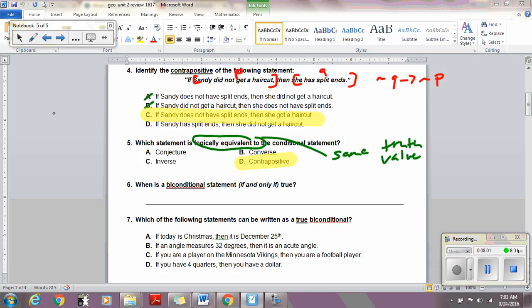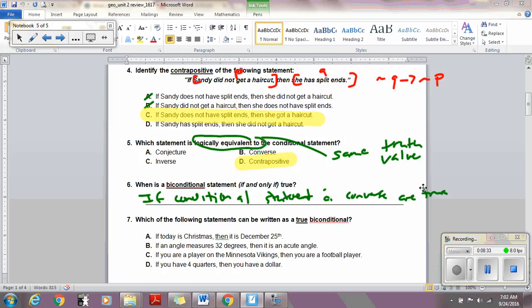A biconditional will be true if the conditional statement and the converse are true. In other words, you have to read it forwards and backwards and it still be true. Then the biconditional is true.